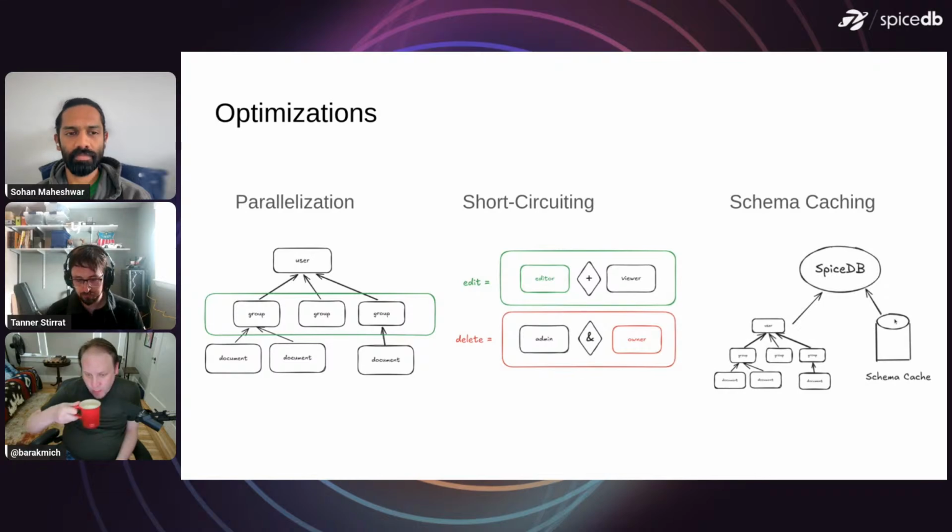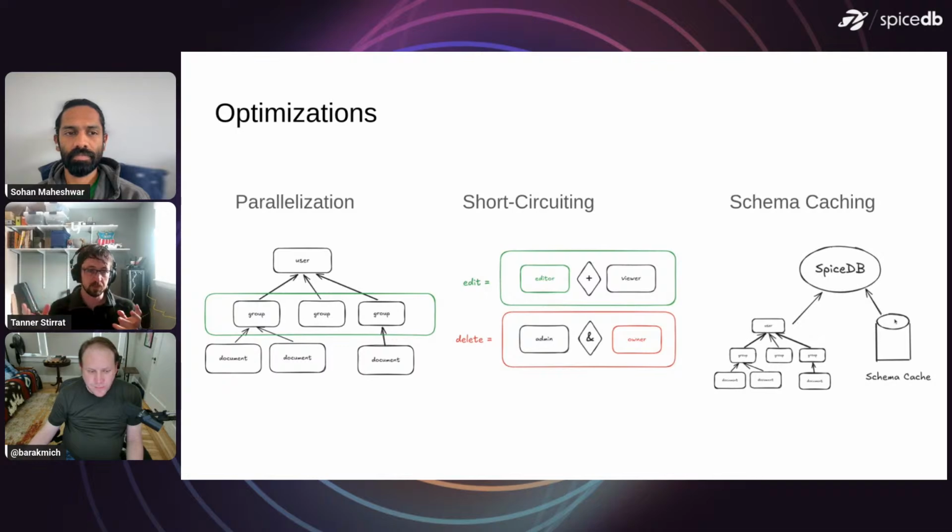And in the naive case, each time that SpiceDB receives a request, it would go and look up the schema at that revision, look for all of the definitions that it needs to answer the question, and then proceed with the walk. But we found that caching the schema at those revisions speeds things up quite a lot. If you're using the experimental watching schema cache, this is what I'm referring to here.